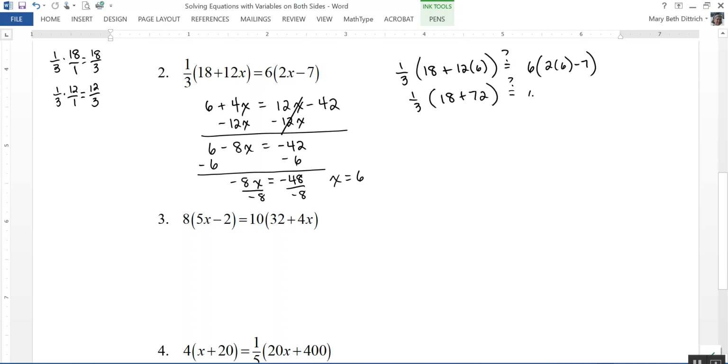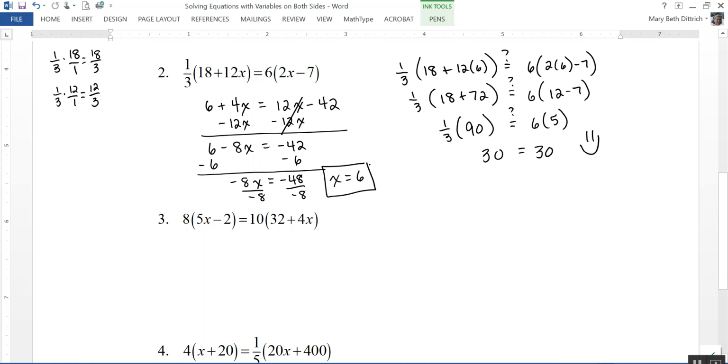Is that equal to 6 times 12 minus 7? This is 1/3 of 90. 1/3 times 90. Is that equal to 6 times 5? Well, 1/3 of 90 is 30. 6 times 5 is 30. So this checks, and my solution x equals 6 works.